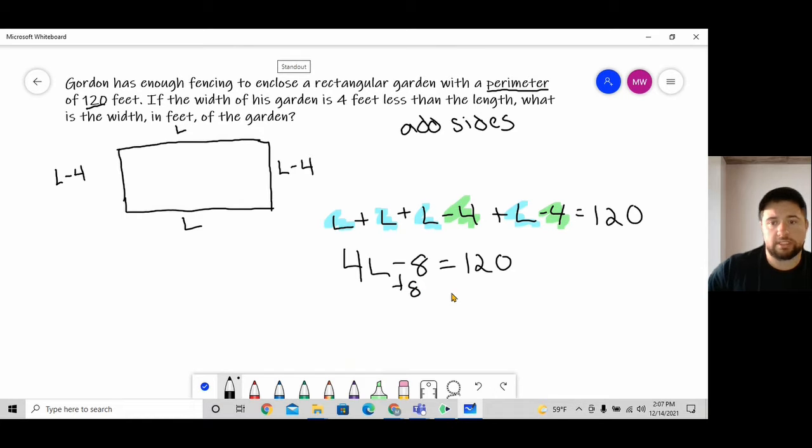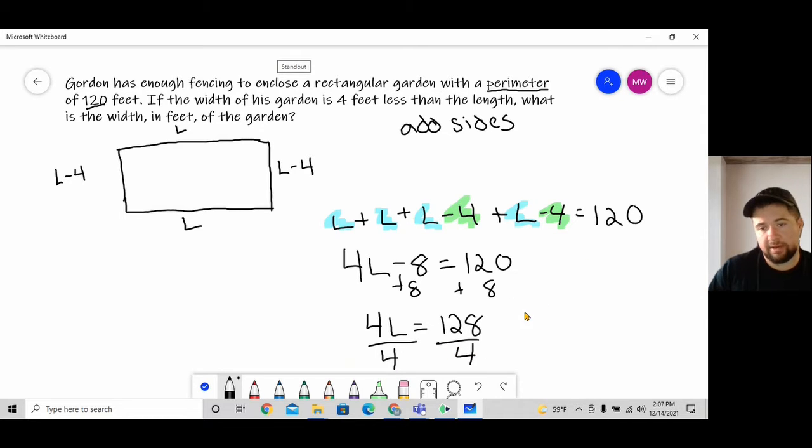I'm going to add 8 to both sides. 4L equals 128. I divide this by 4. 128 divided by 4 is 32, so L equals 32. And if L equals 32, the width is L minus 4, so that means the width is 28.